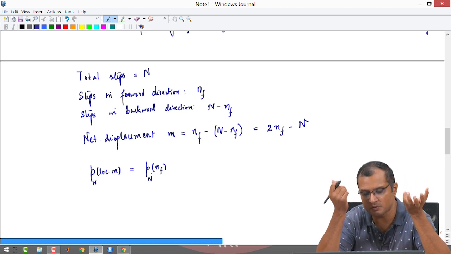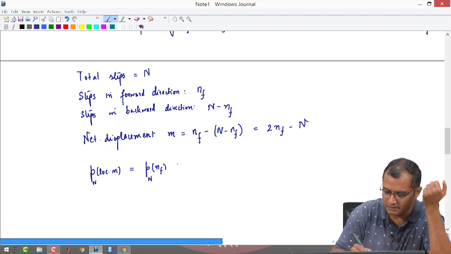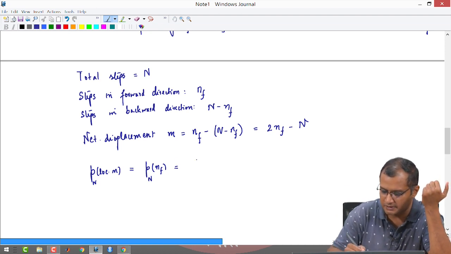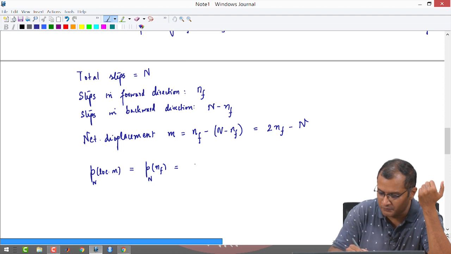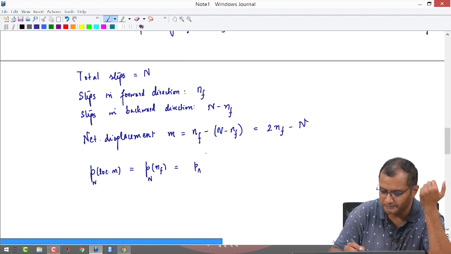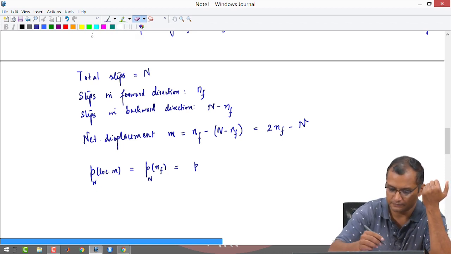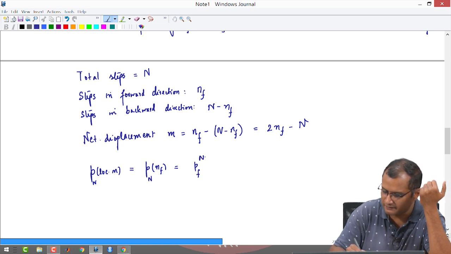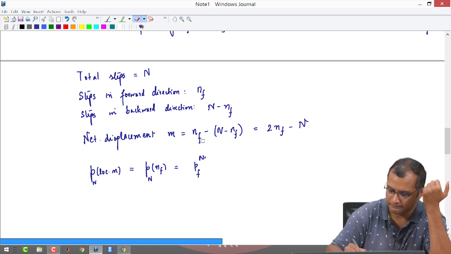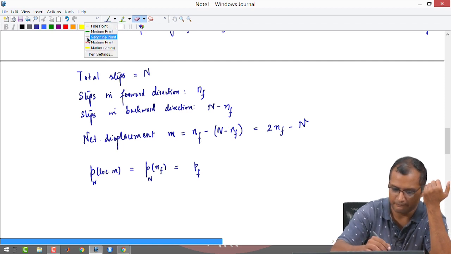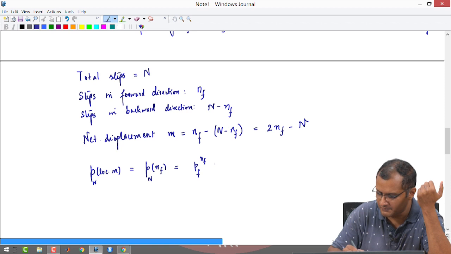So, it suffices to just take the probability of NF here, and that would be nothing but, as we have already seen, the probability of a forward step to the power NF times the probability of the backward step to the power N minus NF, and the combination which is N C NF.